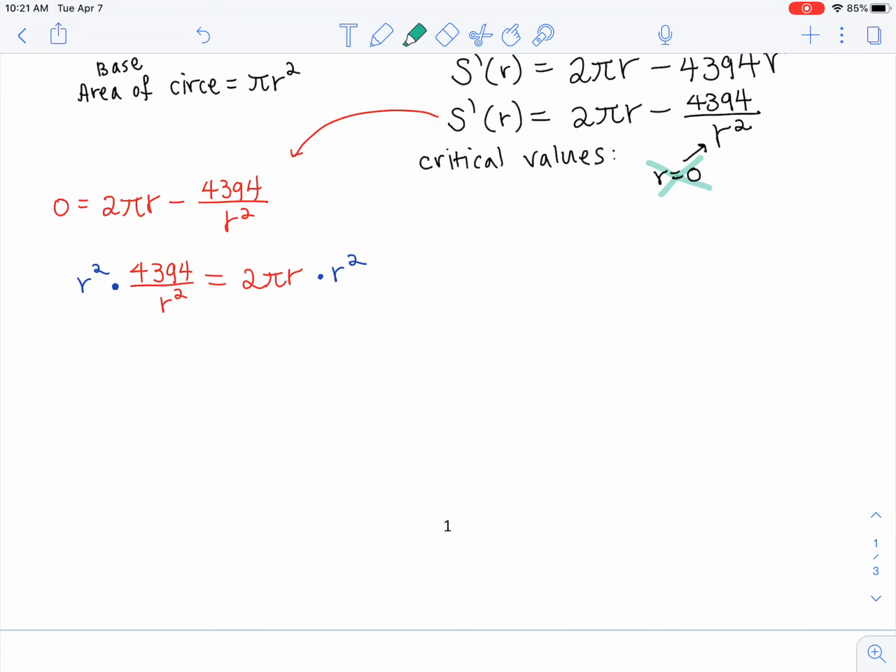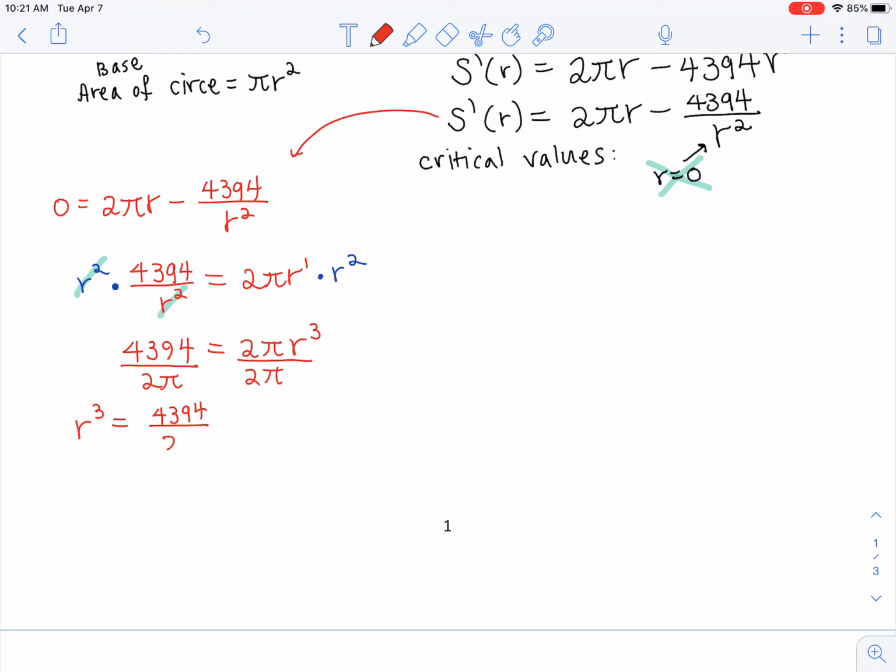I got radius on both sides. So my next step is to multiply both sides by radius squared. If I do that, guess what happened? This radius squared, they cancel out, right? Leaving me with 4394 equals 2 pi r to the what power? To the third power.